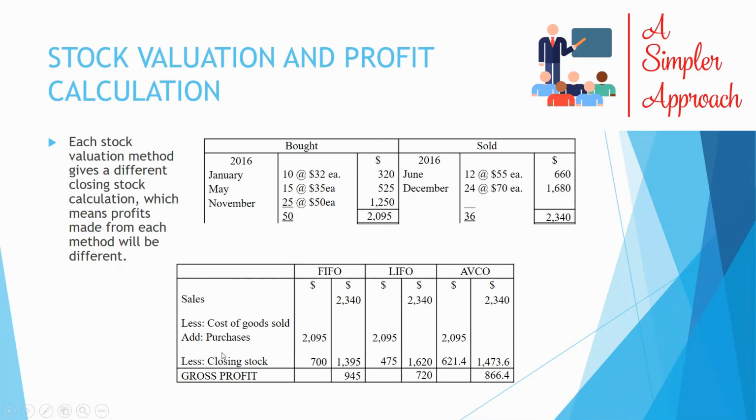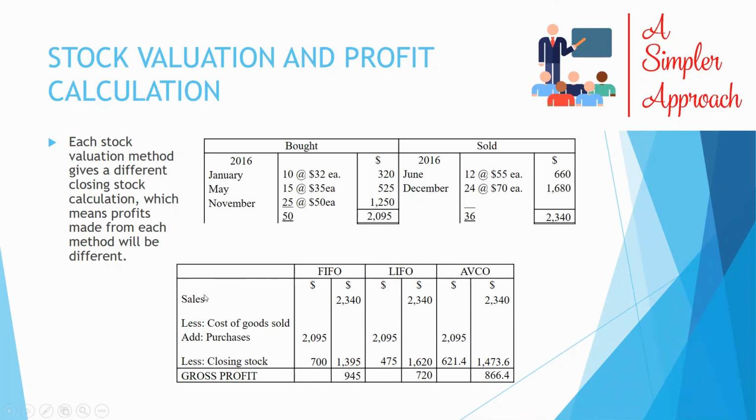Now, each stock valuation method will yield a different closing stock figure. As a result of that, each stock valuation method will give a different gross profit. We calculate that simply by using the simplified income statement you see here.